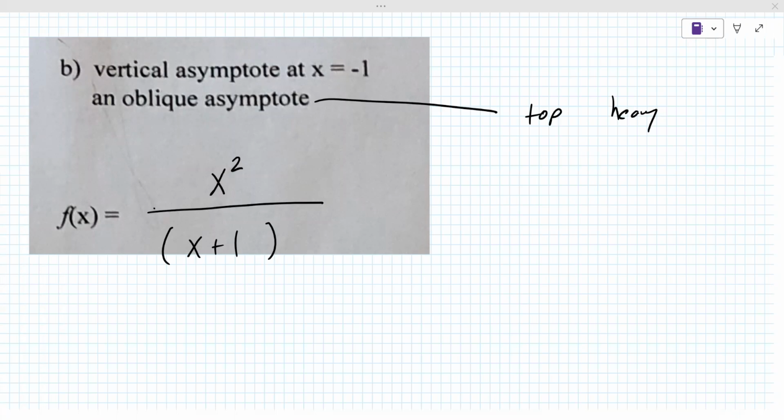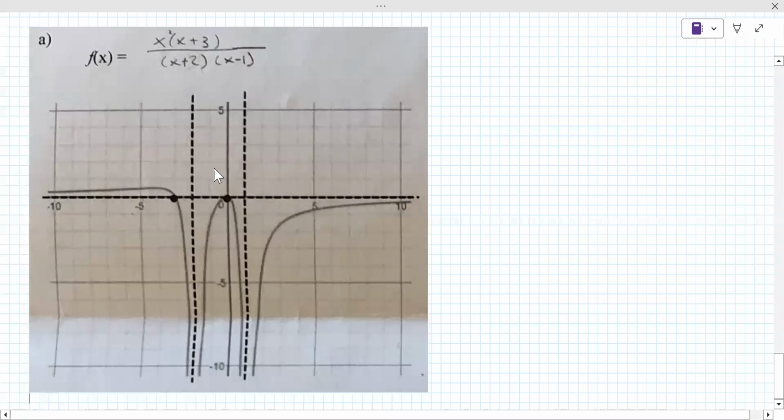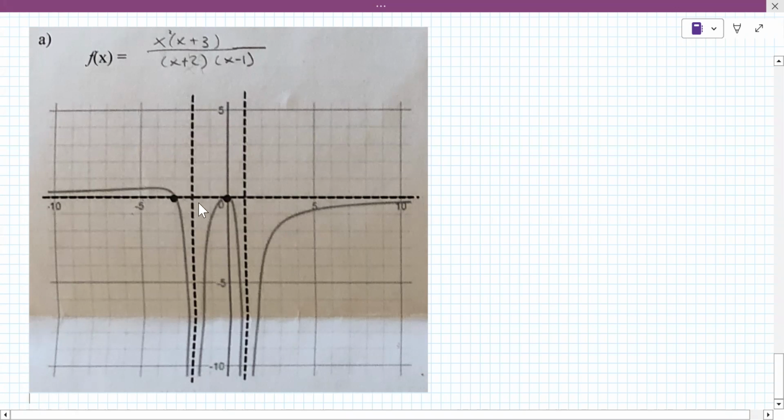All right. Well, the way to check something like this is to go from the equation and just see if it's right. So vertical asymptote at -2 and +1. That looks good. You've got an x-intercept at 0 and -3. That looks good. The question is like, well, does it actually connect like this? And this one could be good.